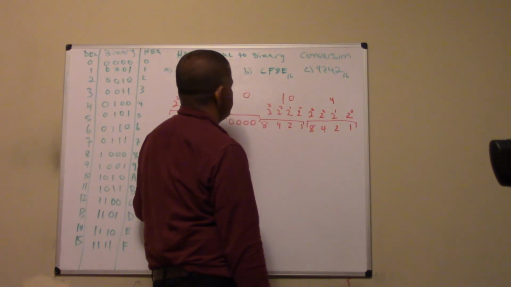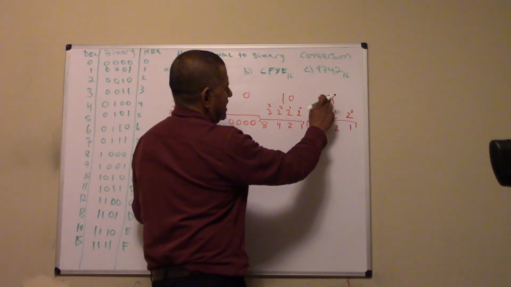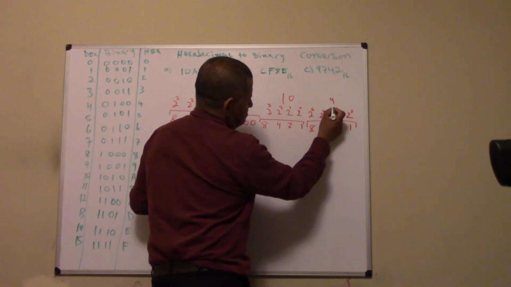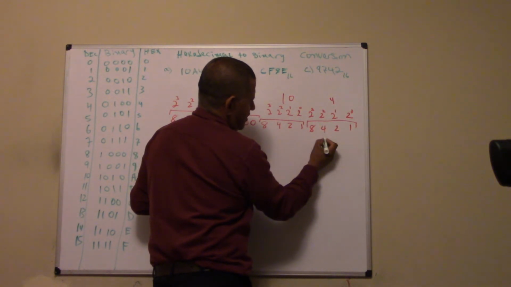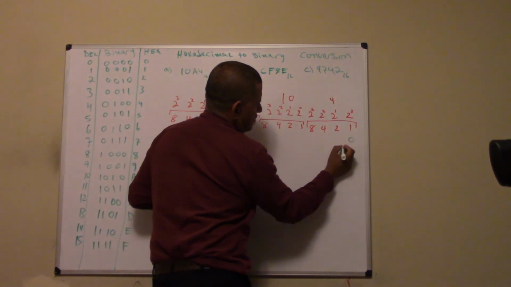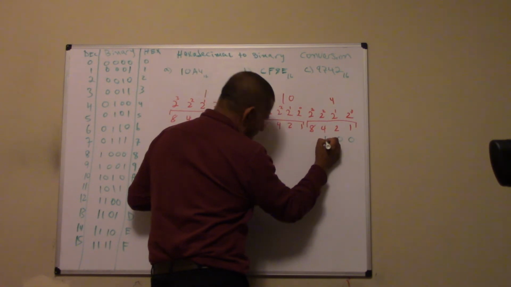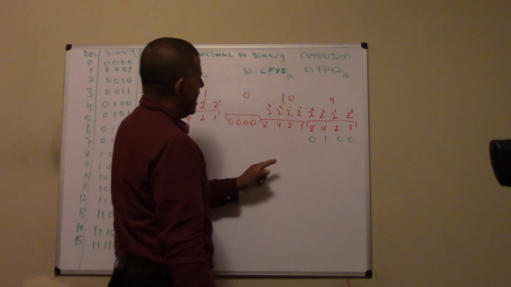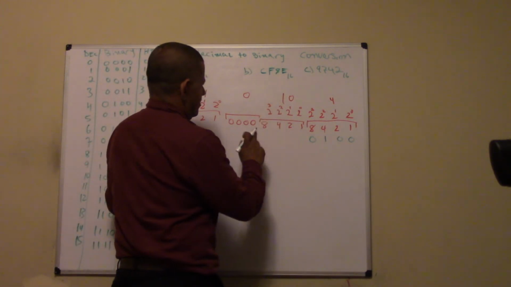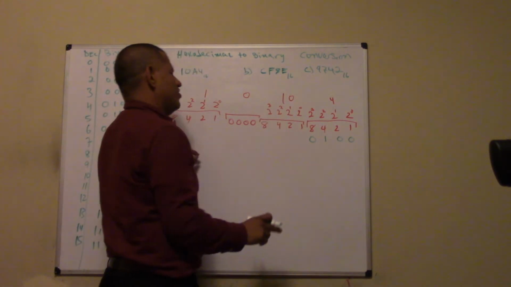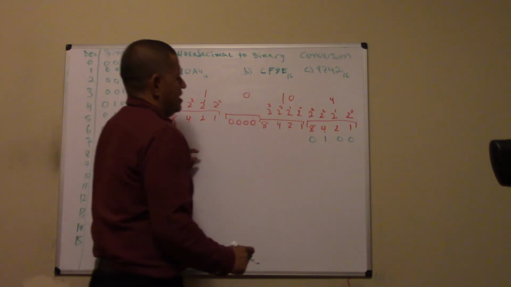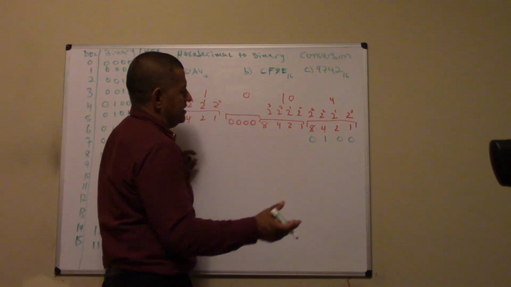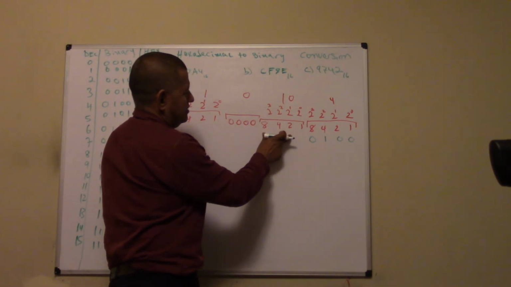So let's do this. How do I get 4? Well, I get 4 by turning this bit on, the 4 on, right? So that means this is going to be off, on, off, right? How do I get 10? Remember when we went from binary to hex, we had to add the numbers in the block, right?